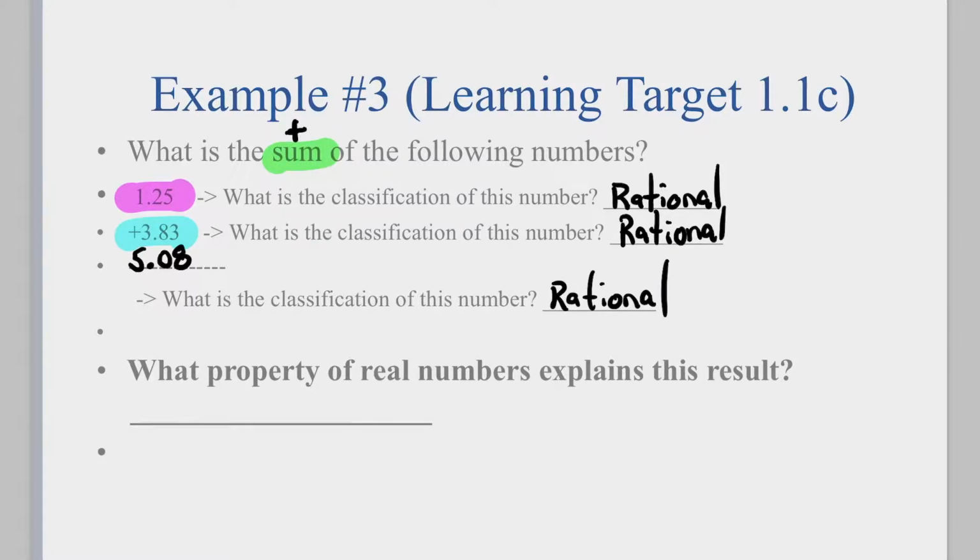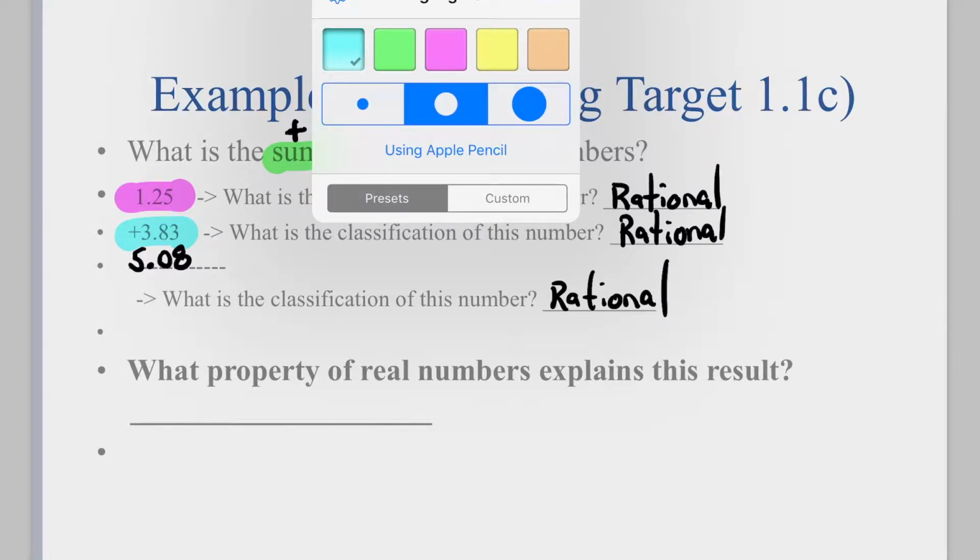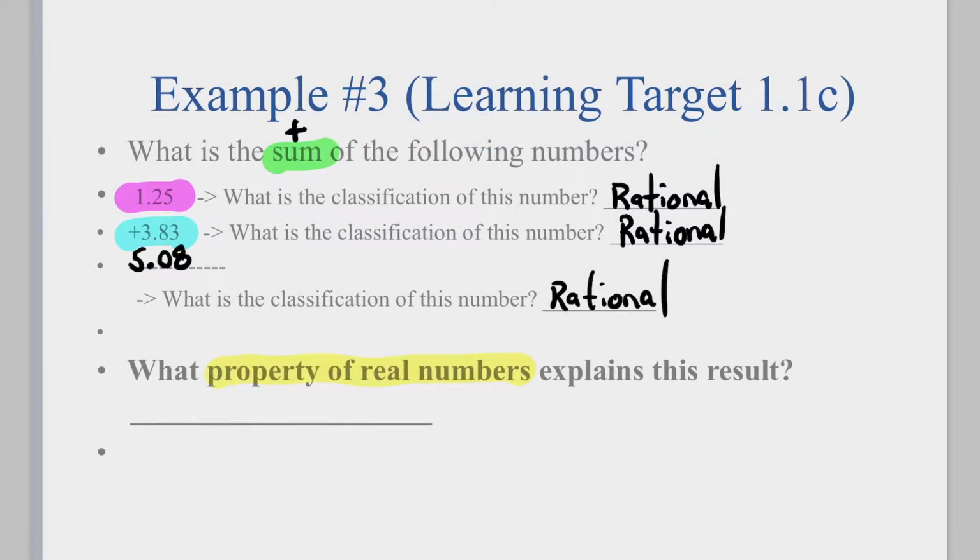Looking at our last question, and this really highlights learning target 1.1c. What property of real numbers explains this result?